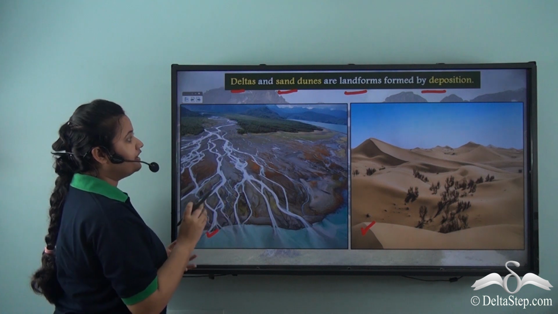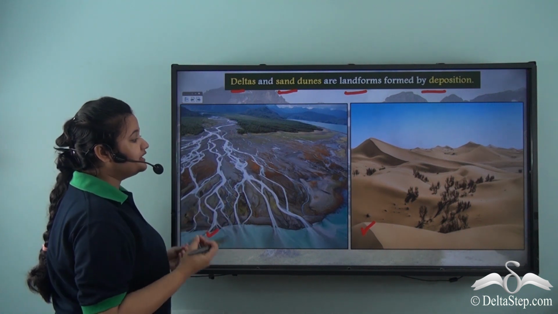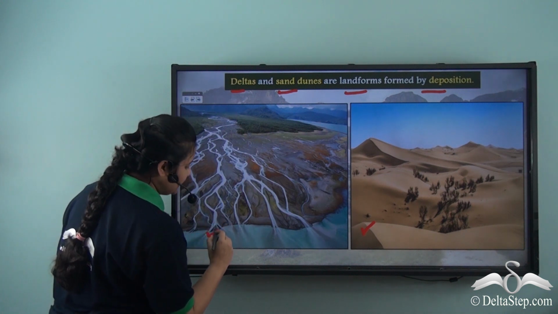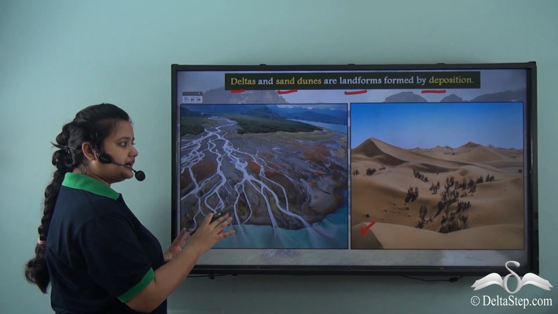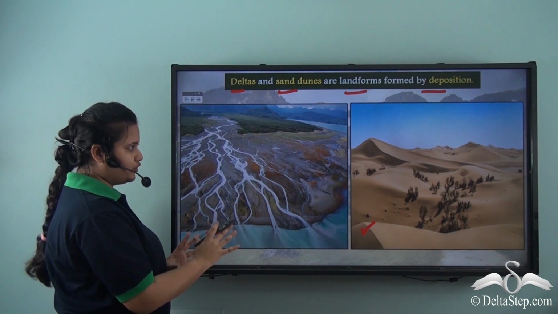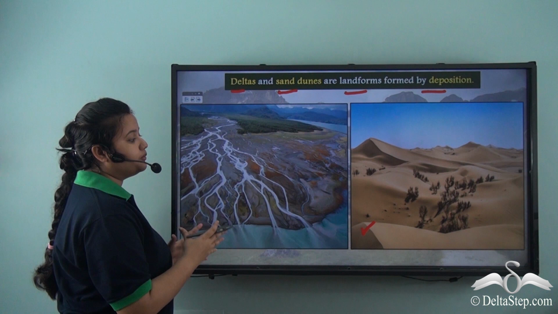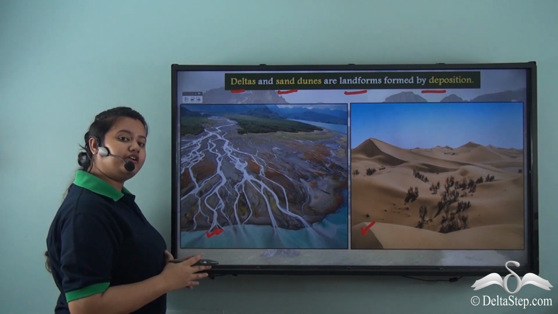So here also a river is depositing the eroded materials and it is leading to the formation of a delta. So this is how deltas and alluvial plains are formed. So this picture shows an example of a landform formed by deposition of a river.